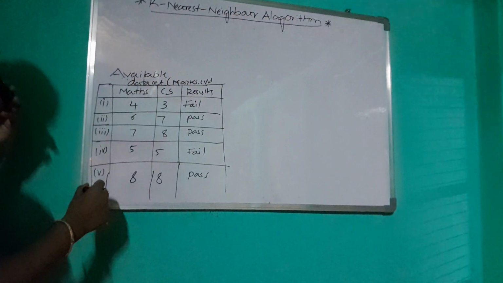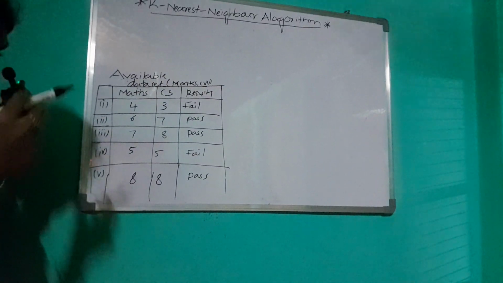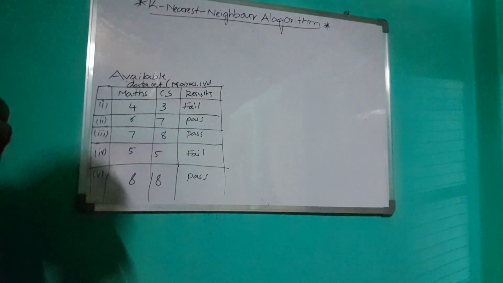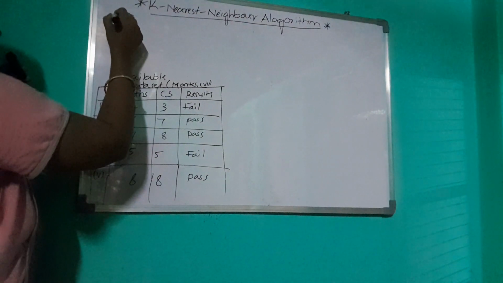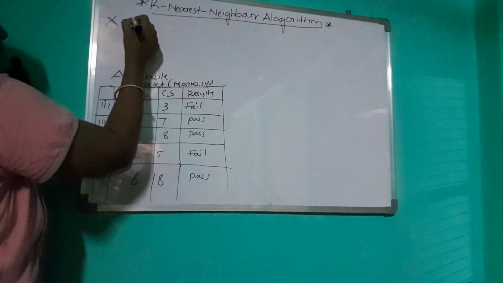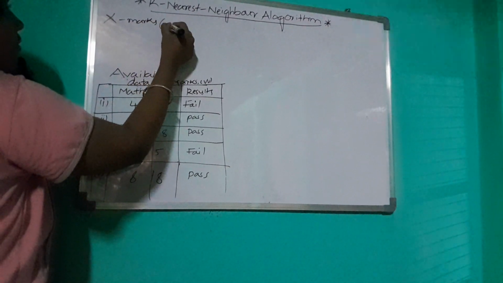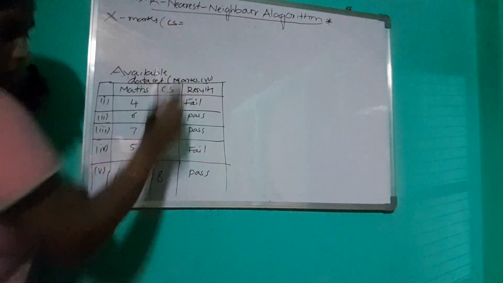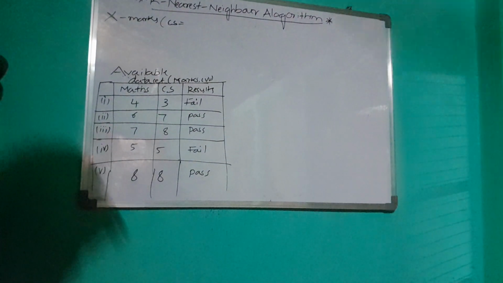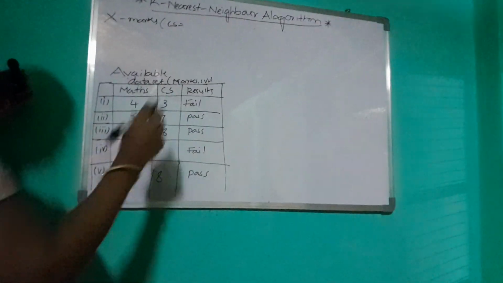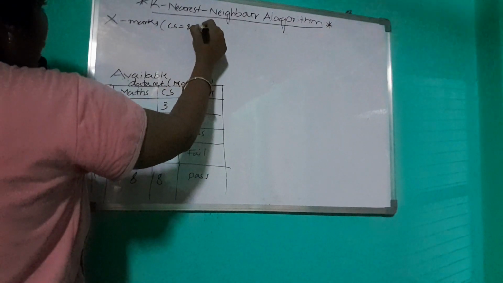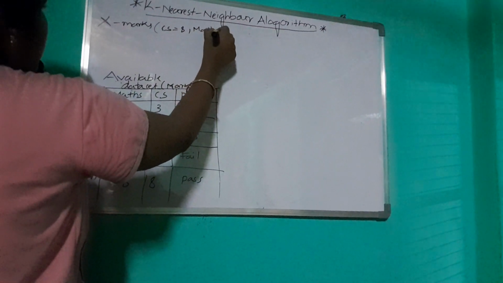So we have five values. Let's say we have new data. A student X has marks like this: CS equal to 8, maths is equal to 6.